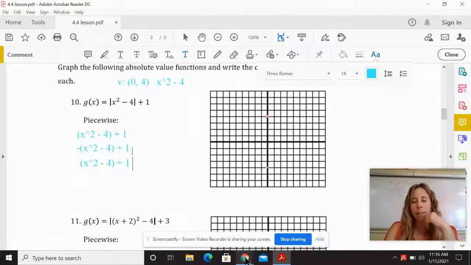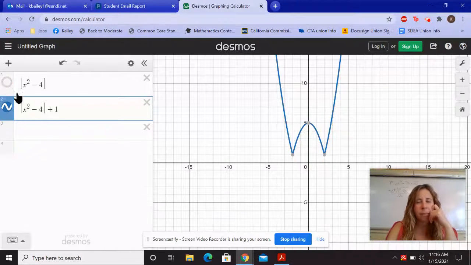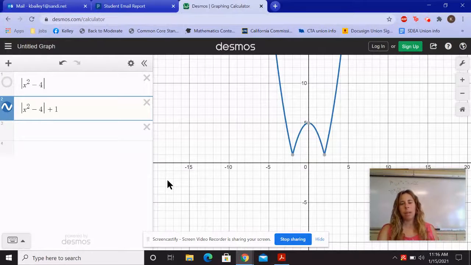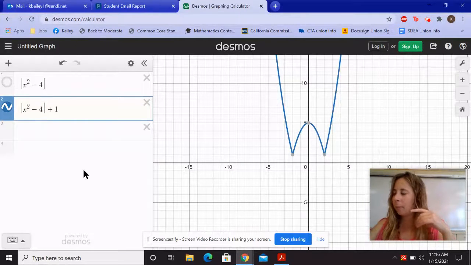All right, and then domains. Let me take off this one. So the plus 1 doesn't change your domain. The plus 1 does not change your domain. Domain is all about the x values. So your domain is going to be the same as it was. What number was that?